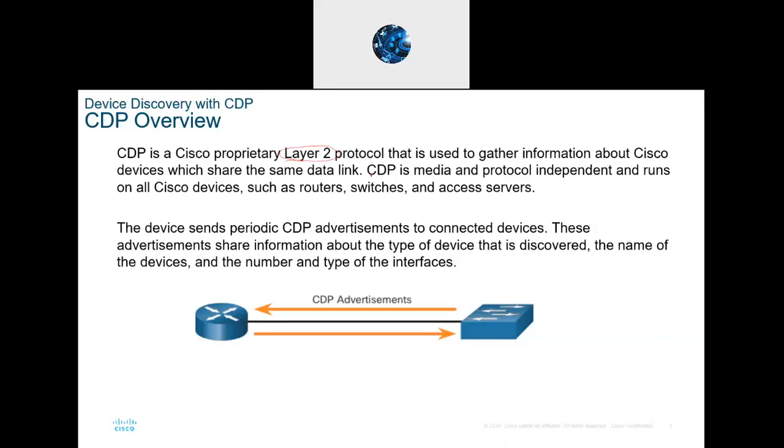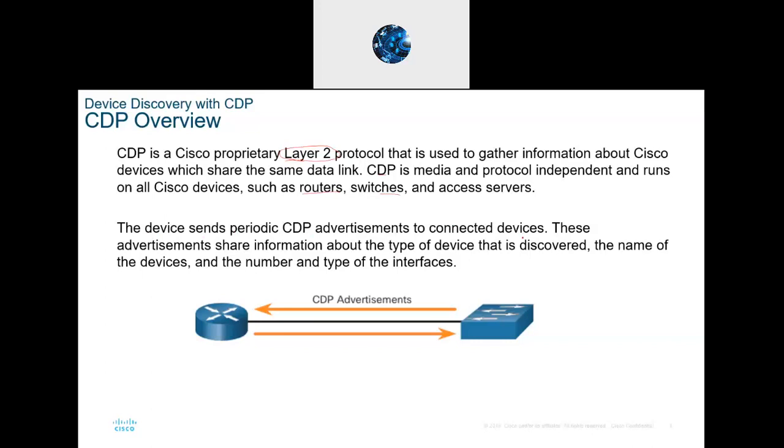CDP is media and protocol independent. It doesn't matter the protocol, it doesn't matter the media, it works and runs on all Cisco devices, such as routers, switches, and access servers. So how does this protocol operate? The device that is running this protocol sends periodic CDP advertisements to connected devices.